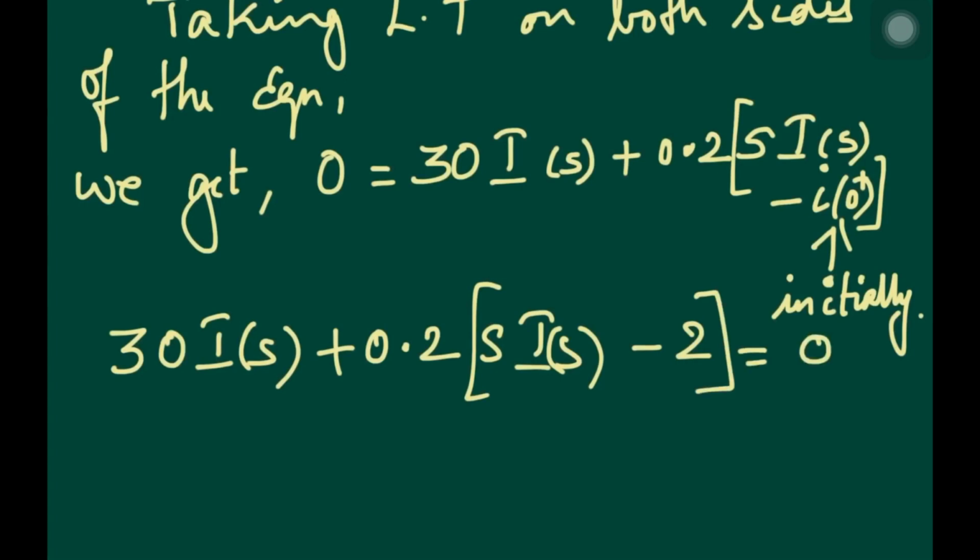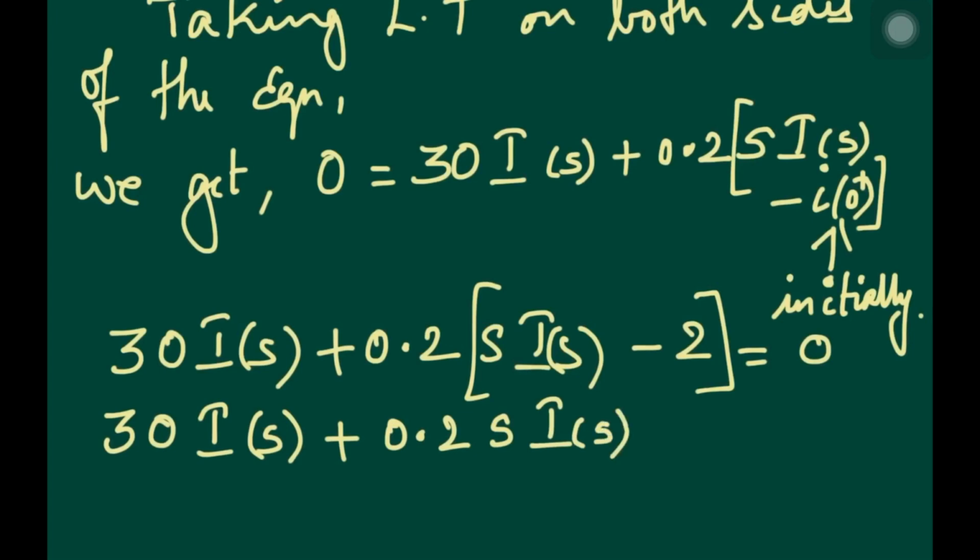We will simplify it further in order to find out the current in S domain. So therefore 30 I of s plus 0.2 into s into I of s minus 0.2 into 2 equal to 0.